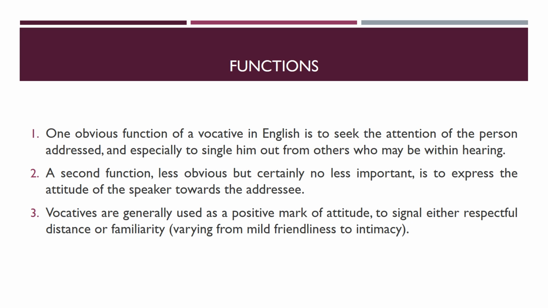Okay. Number two, a second function, which is less obvious but certainly no less important, is to express the attitude of the speaker towards the addressee. Okay, so also it is less common. That's because, as you remember, some of the elements, especially when you are using personal pronouns, are regarded as an impolite style.